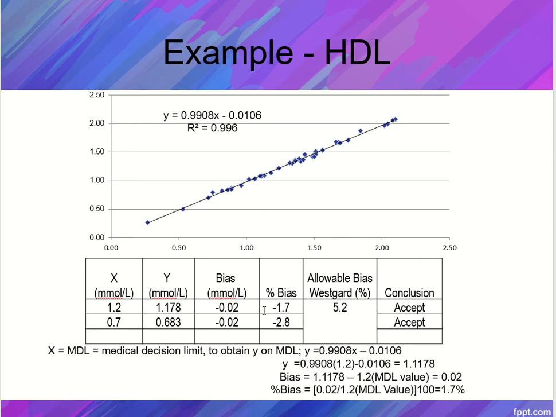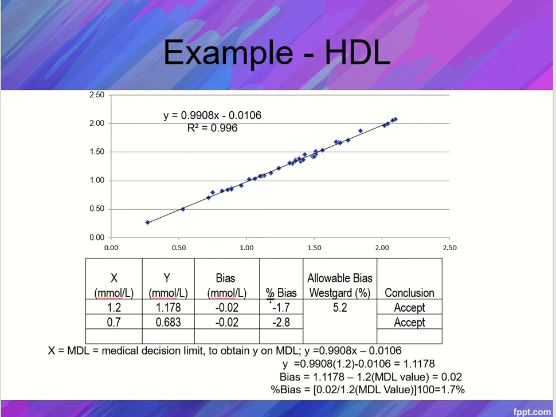And after you get the bias in percentage, you can compare with the quality requirement. So for this example, I use the allowable bias from Westgard. So don't worry about the negative or positive, just take the value.